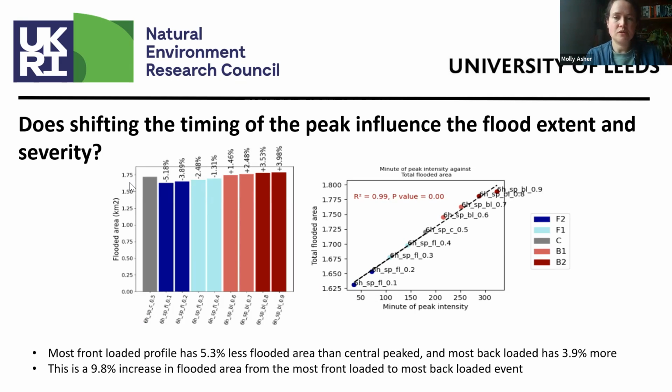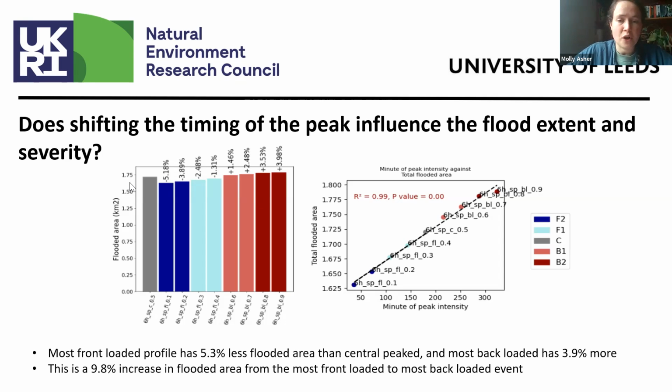So this shows quite a clear pattern, with the flooded area progressively increasing as the event becomes more back-loaded. The biggest change from the centrally peaked profile is from the most front-loaded profile on the far left.